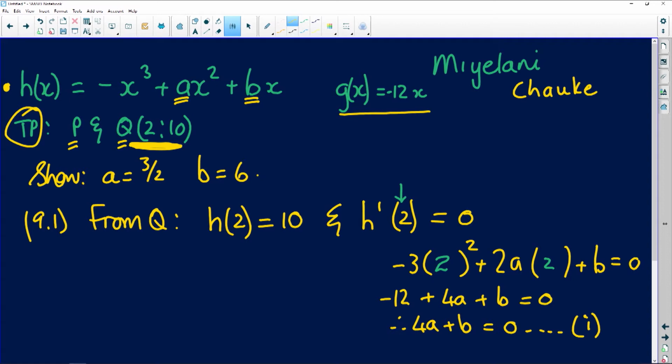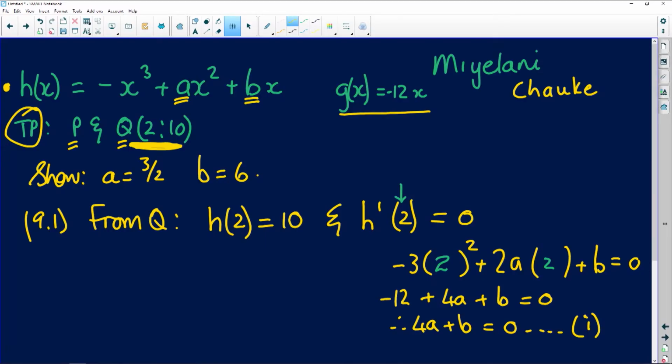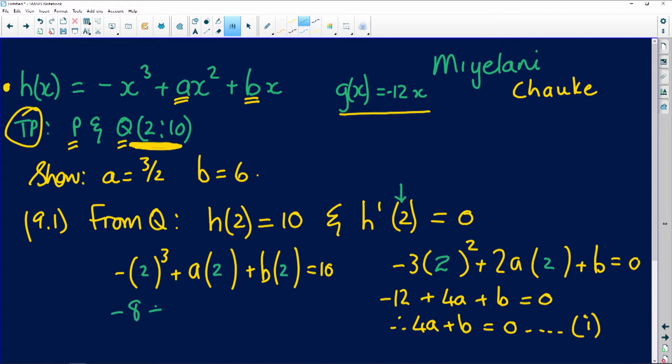Now let's use the information about the point 2 and 10. Remember, the x becomes a 2 and the result equals 10. So I go to minus x cubed plus a times x squared plus b times x equals, what did they tell me? They told me 10. And in the place of x, I substitute my 2. So I get minus 8 plus, what is this, 2a.